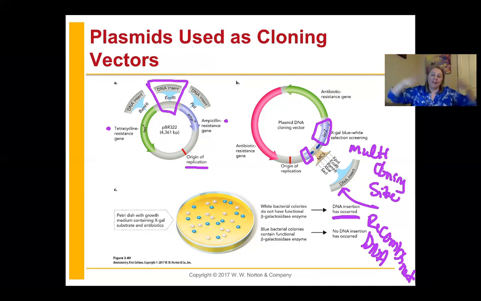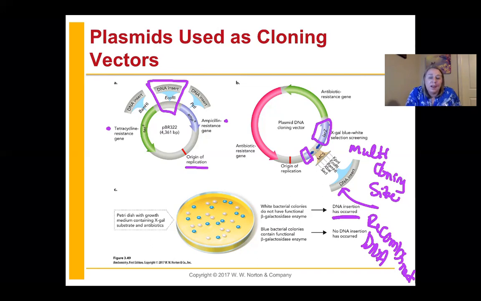So if you have no insert, you have a functional LacZ gene. If you have an insert, it's non-functional. If LacZ is being transcribed, the bacteria can grow on media that contains a substrate called X-gal, and the X-gal will be cleaved by the beta-galactosidase enzyme, which is LacZ.